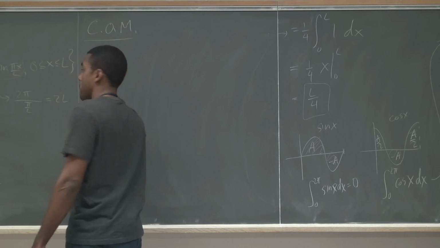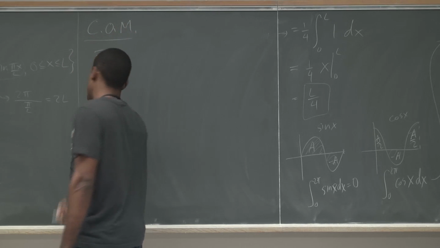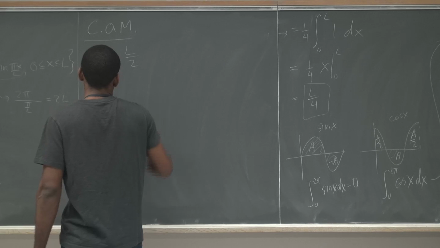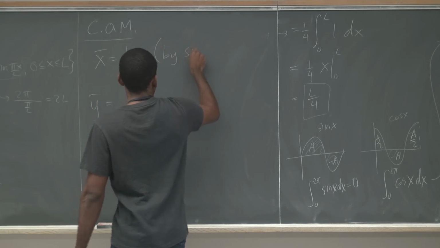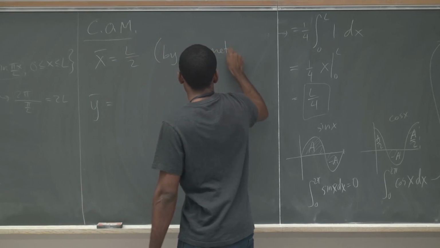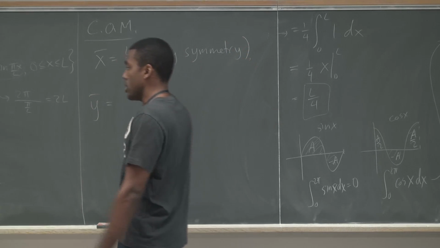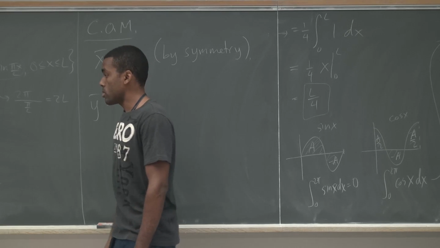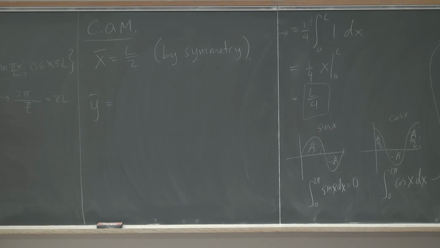What's x bar? L over 2. No calculations necessary by symmetry. How do we find y bar? Right, notice by symmetry, our density depends on the y level.